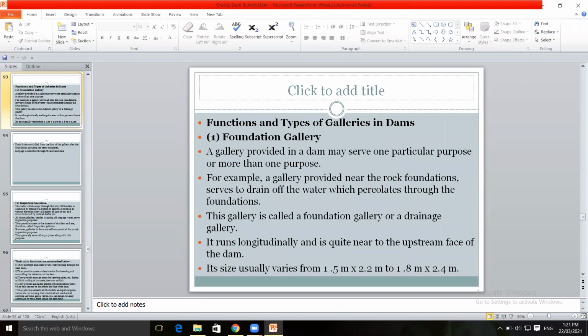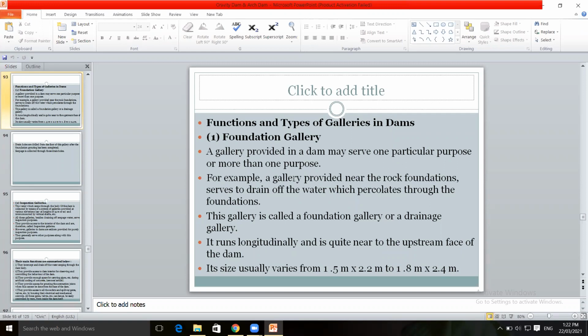So by provision of galleries near the rock foundations, it drains off the water which percolates through the foundation. This is the main function, to drain off the water and avoid percolation through the foundation.